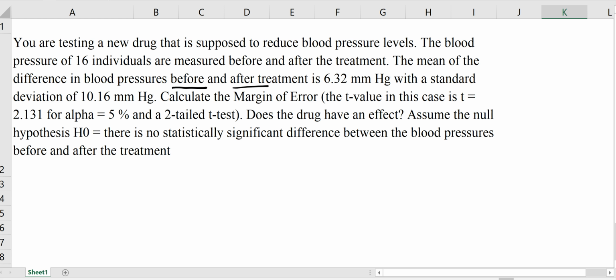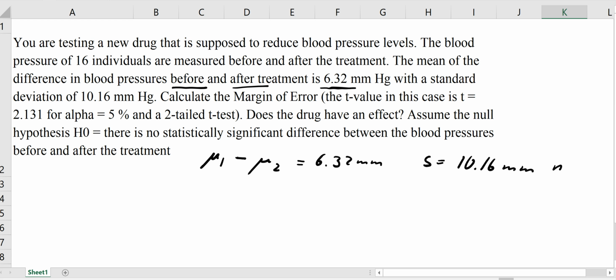Well, we know that the difference in the means that we have, so mu1, that's the after the treatment minus the mean before the treatment, has been given as the mean of the differences, that is 6.32 millimeter of quicksilver, and the standard deviation for this is 10.16 millimeter, and we know that we have a sample size of 16 people that we've tested.